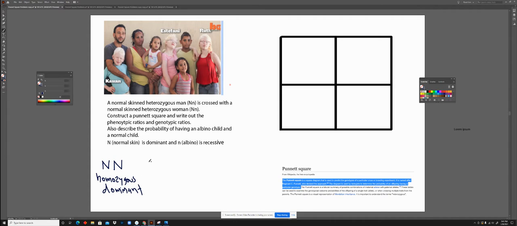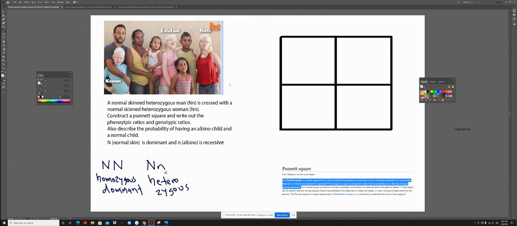Then we have big N, little n. This is heterozygous. Now, heterozygous can only be heterozygous. There's no such thing as heterozygous dominant or heterozygous recessive. Heterozygous just means they're different. We have the dominant and then we have the recessive.